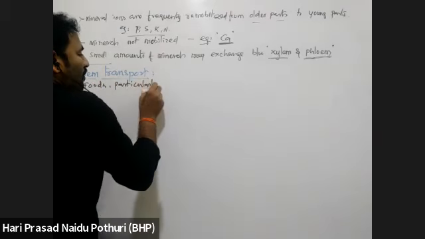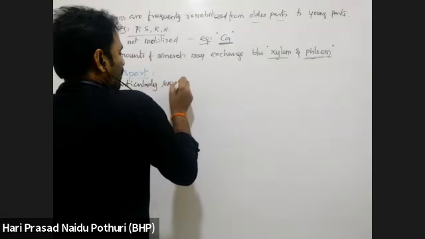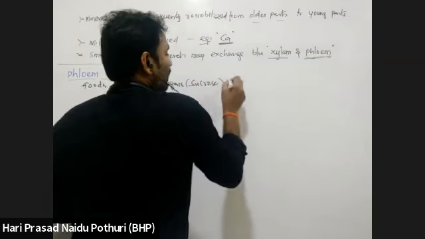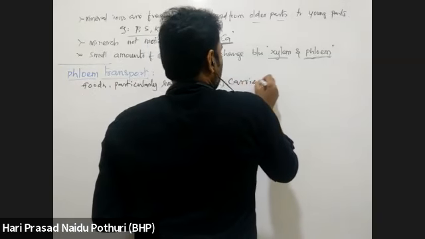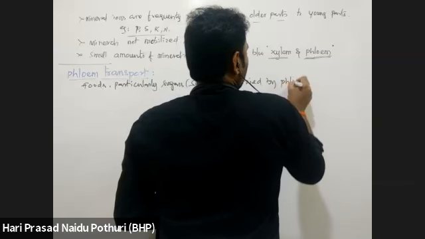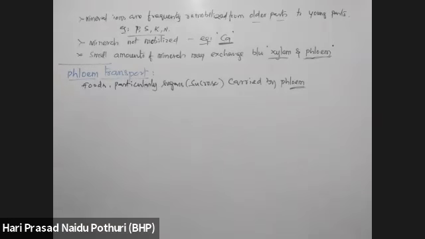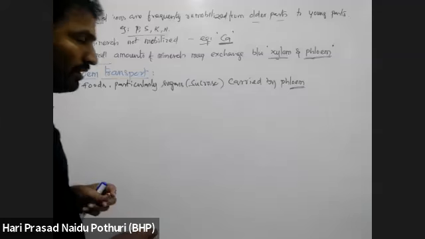Sugars means especially sucrose, which is carried by phloem. Phloem is majorly responsible for transport of sugar molecules, particularly sucrose, from one part of the plant to another part of the plant.